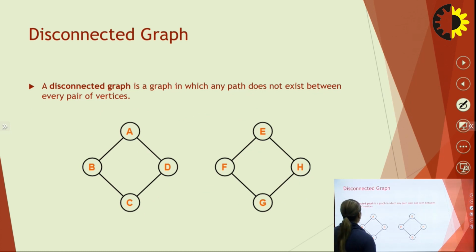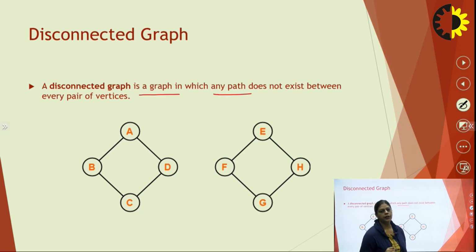Disconnected graph. A disconnected graph is a graph in which a path does not exist between every pair of vertices. Now we have to find out if any pair of vertices is not having a path between them, then it is a disconnected graph, right? That is the case from A to H, A to E, A to F, A to D, because these are isolated graphs.